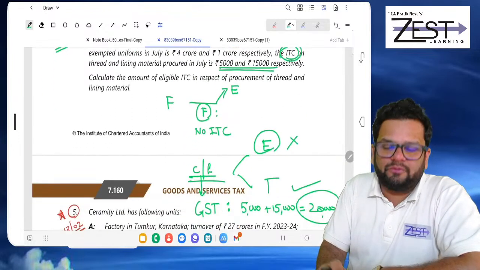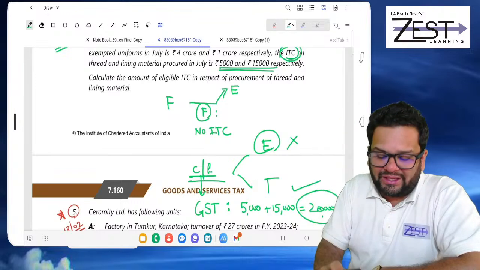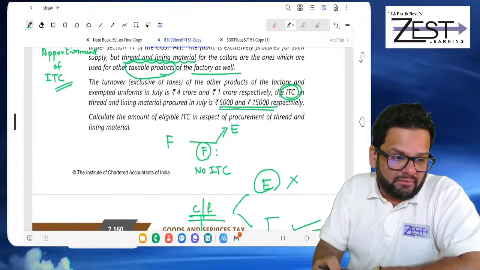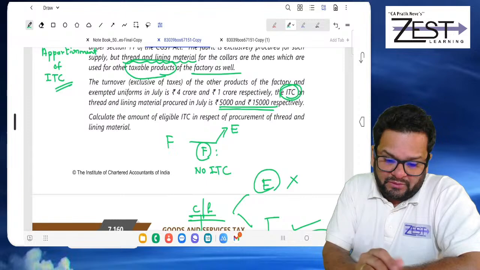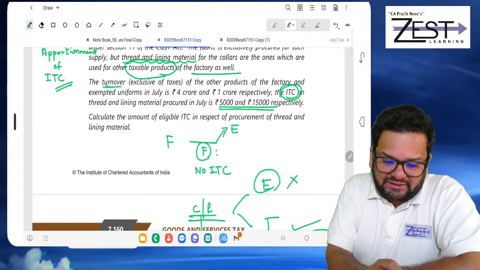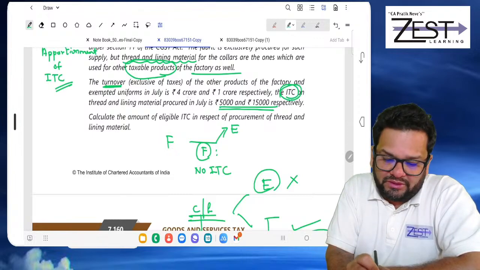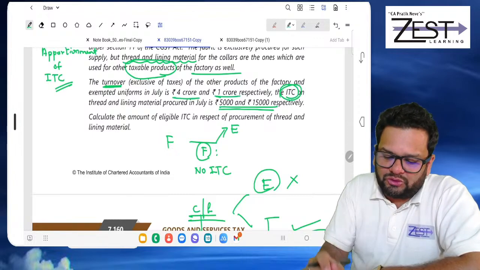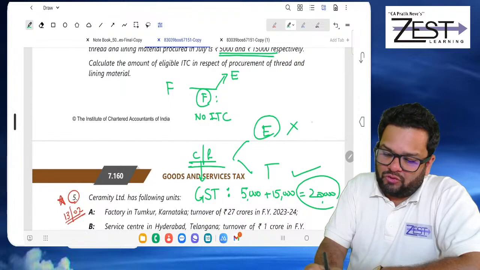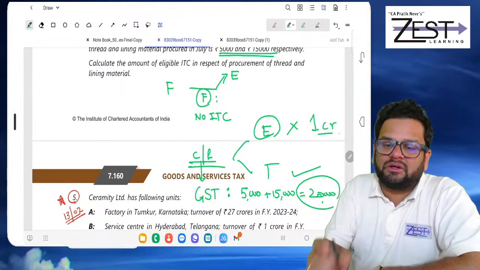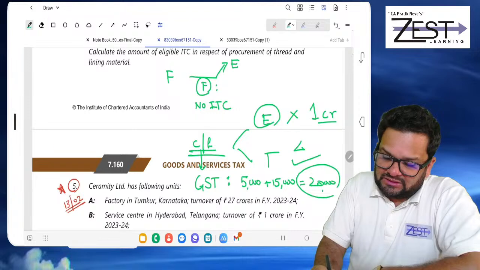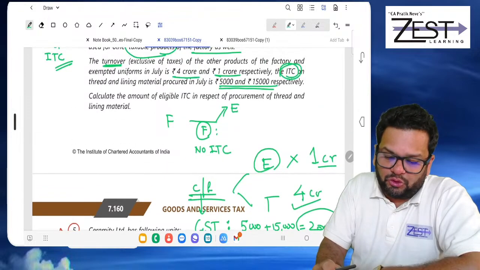You will not be allowed to the extent used in exempt supply. The turnover exclusive of taxes of other products of the factory and exempted uniform is 4 crore and 1 crore respectively. Means the exempt uniform turnover is 1 crore and taxable supply is 4 crore.